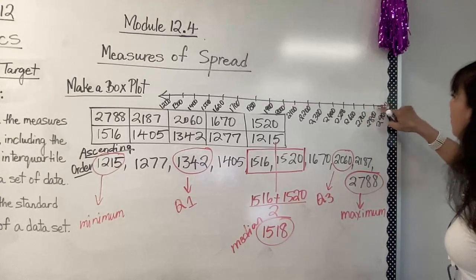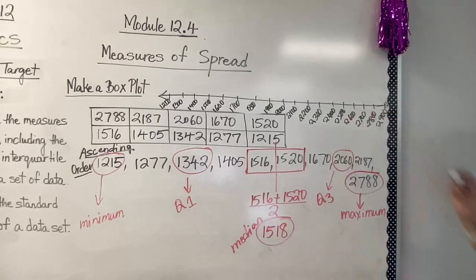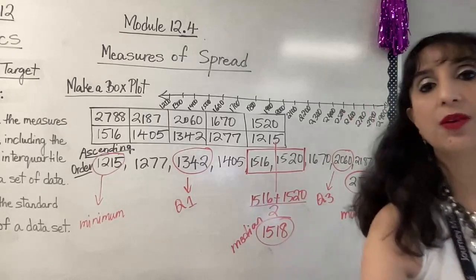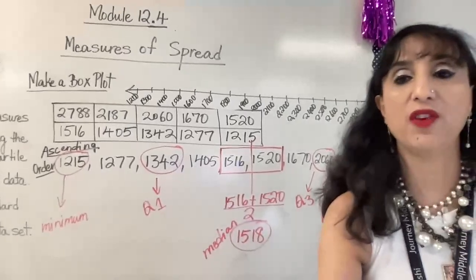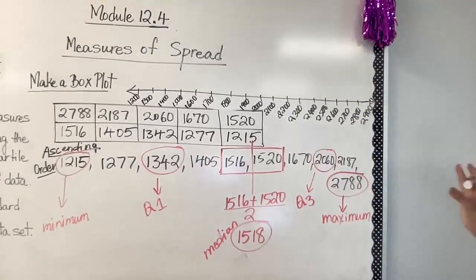So it should include the smallest and the largest in there. Okay, so I've gone in increments of hundreds over here to my intervals.